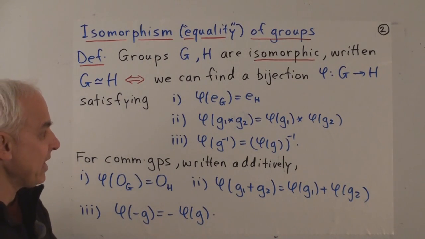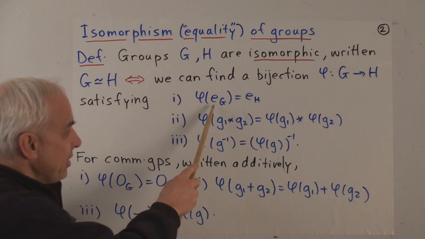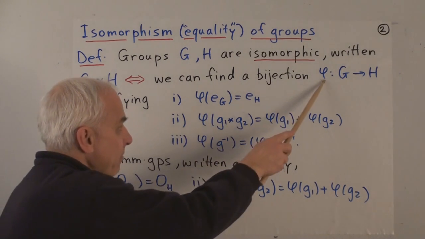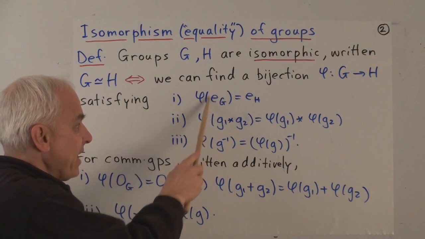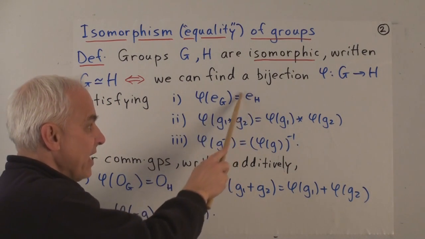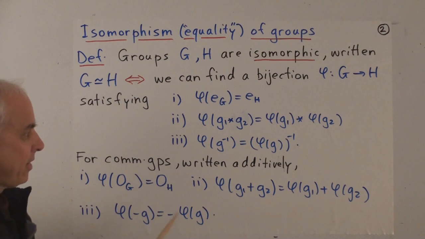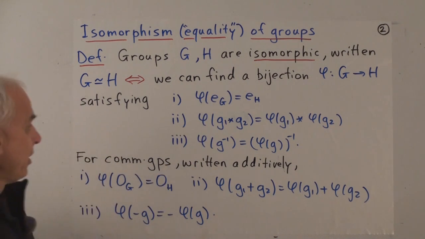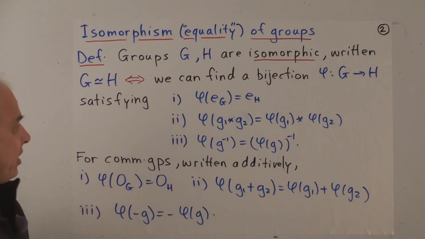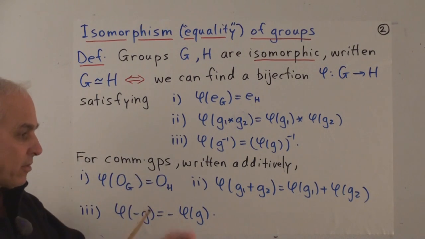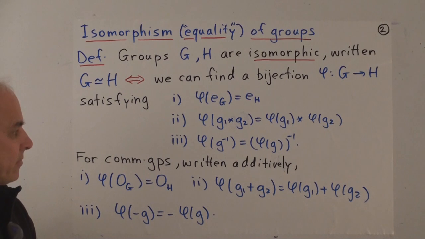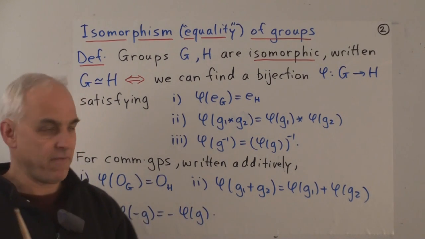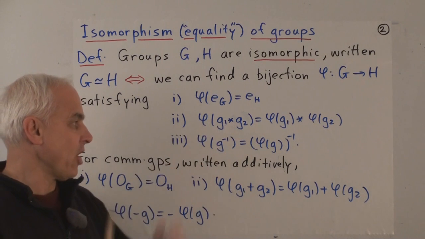The important ingredients in the group structure are, well, the simplest thing I suppose is the identity. We want this bijection to make the identity in G correspond to the identity in H. Here e sub G refers to the identity element in G, and this is the identity element in H, and we certainly want those to be paired up. The next thing that we have, of course, is the multiplication itself, and I'll just write star here.